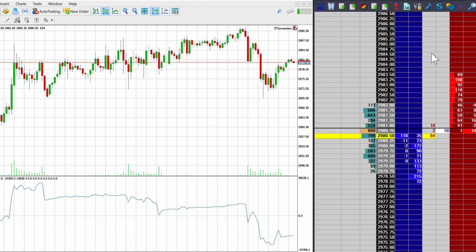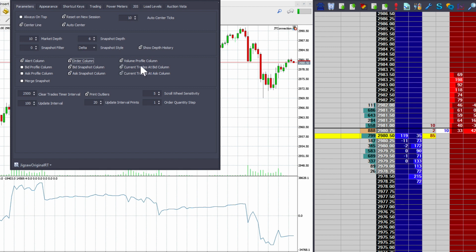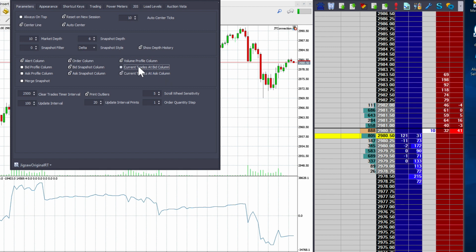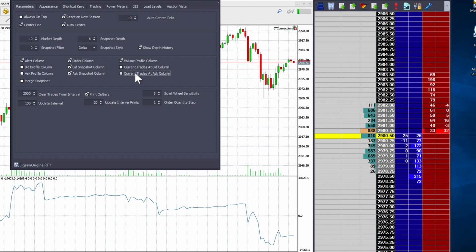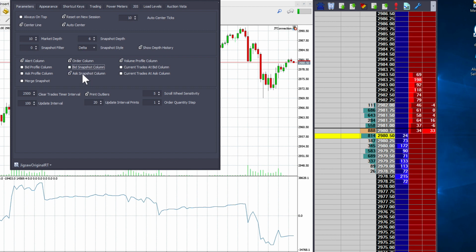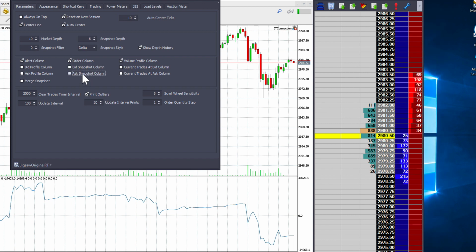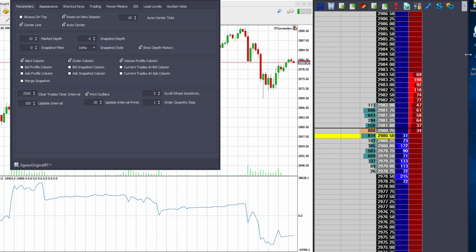So let me remove some of these columns, because we want a good idea of how I think they're going to set it up. I think it's going to be something like this. These are the columns that I think we're going to have.